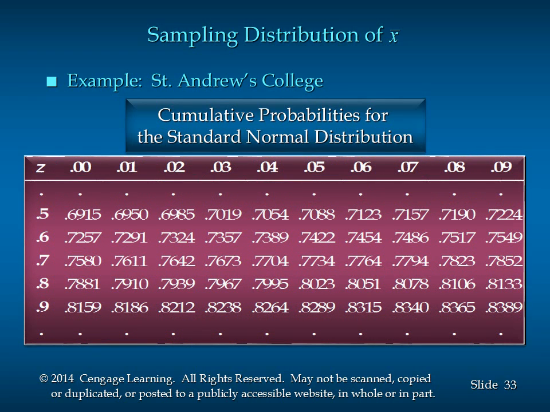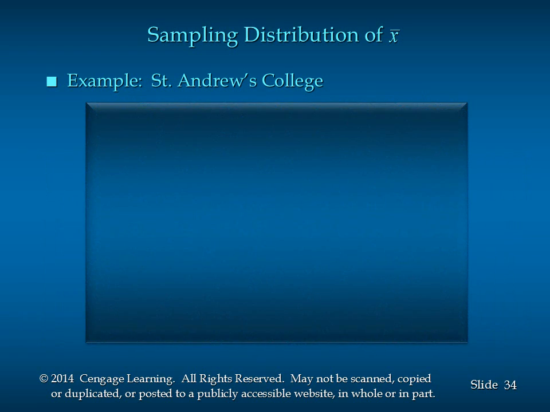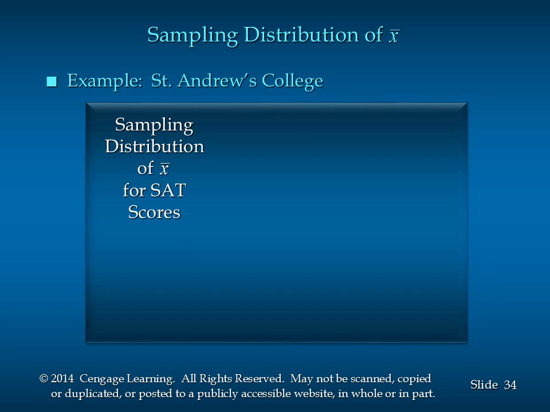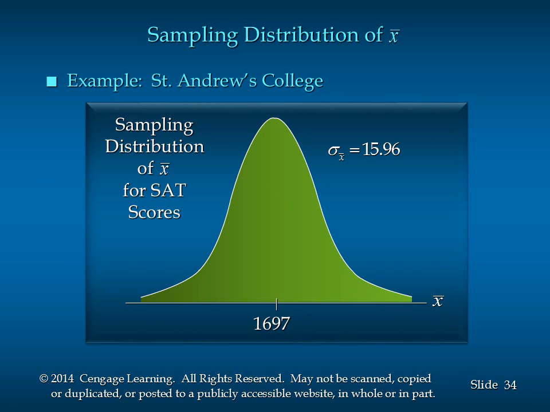Here's where you went in, 0.7357. You went on the table, Z 0.6, and you're on the positive side, 0.63, 0.7357. And there it is, 1707.